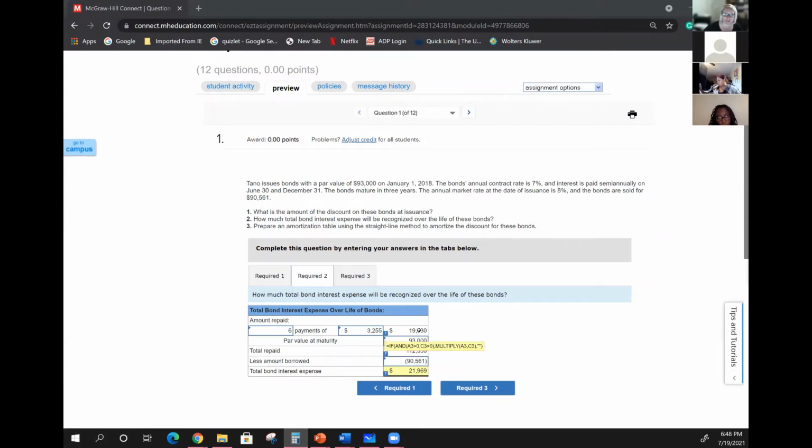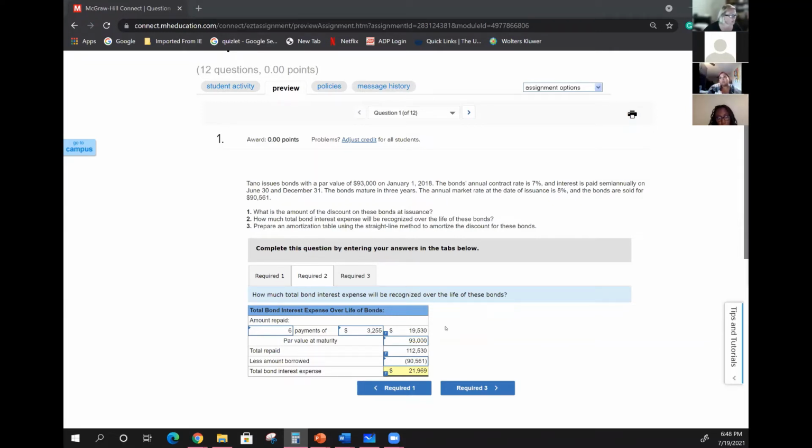So we know the 19,530 comes from the payments. When you're calculating your payments, remember to grab the par value amount, not the amount that it was sold for. Par value amount times the rate, just 7%, and then you divide it by 2 because it's semi-annual, times 6, that gives me the 19,530.